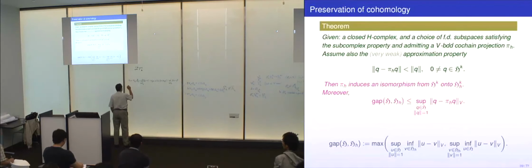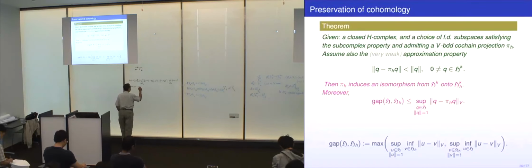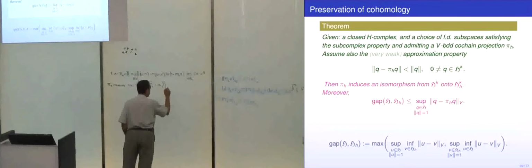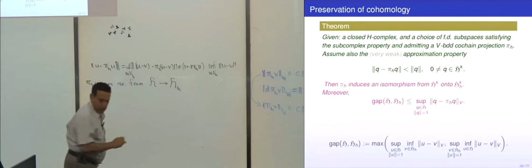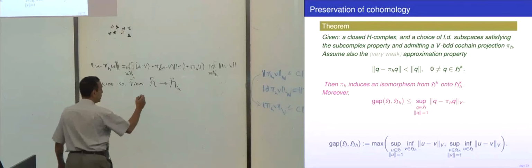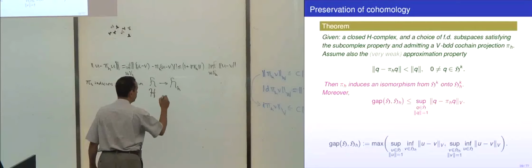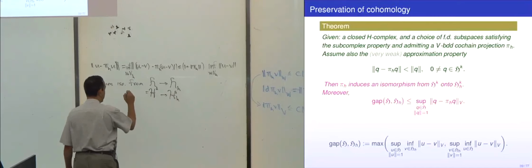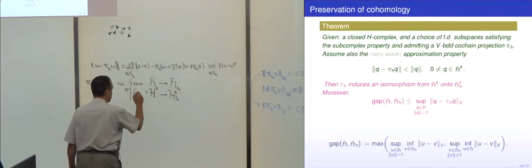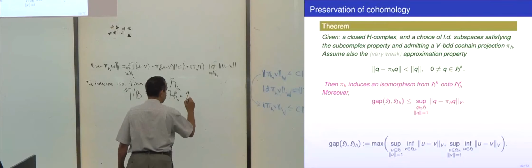So what I want to do is show that pi h induces an isomorphism from the true harmonic forms to the discrete harmonic forms. So this really is the same as it induces an isomorphism from the true cohomology group to the discrete cohomology group. And these are, of course, defined to be Z mod B and ZH mod BH.